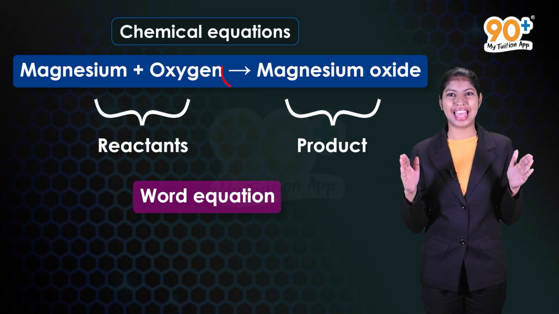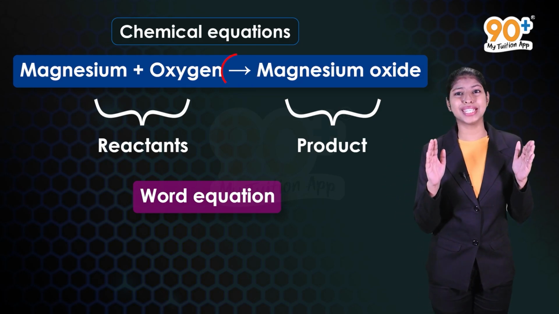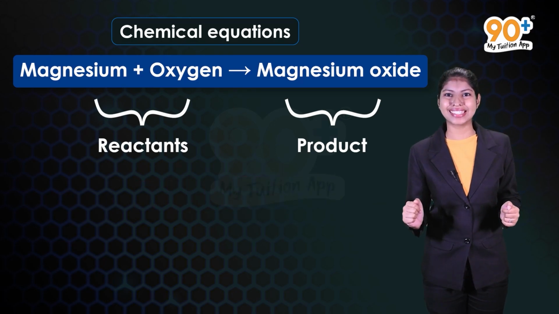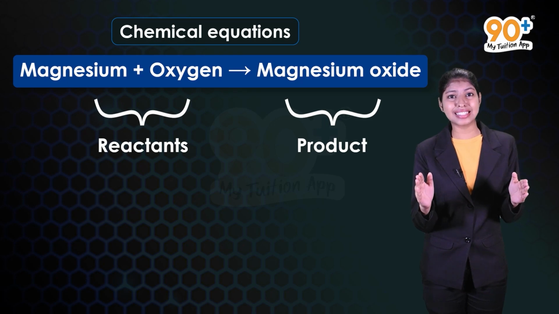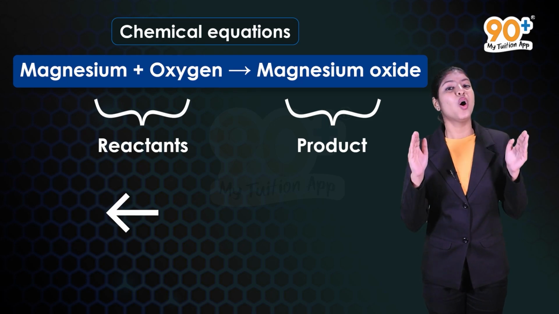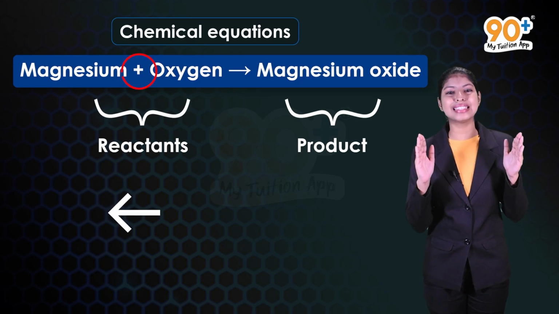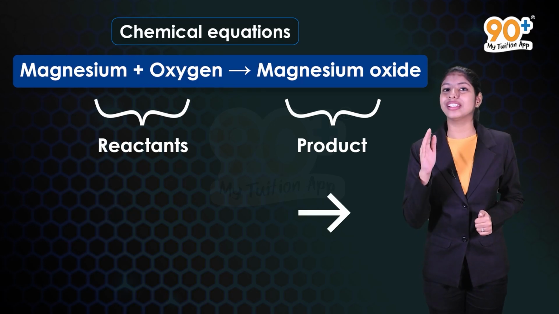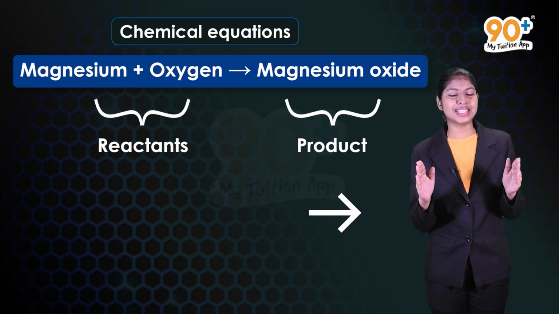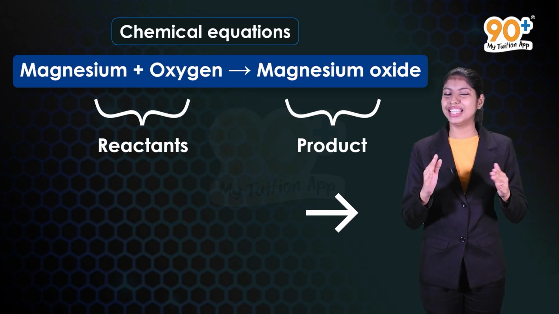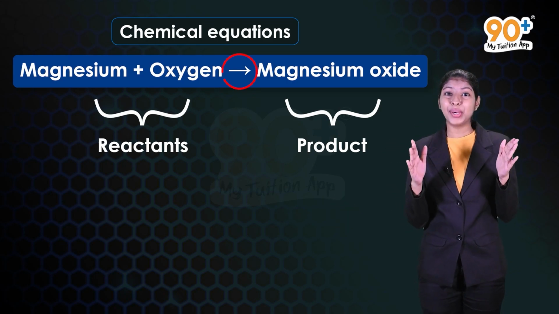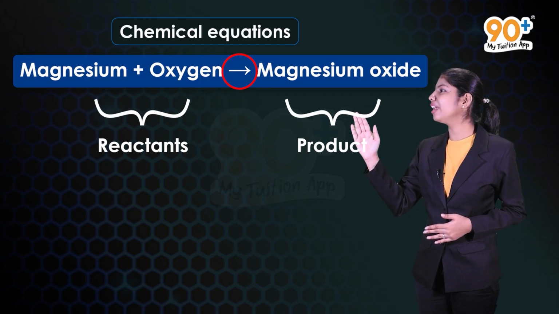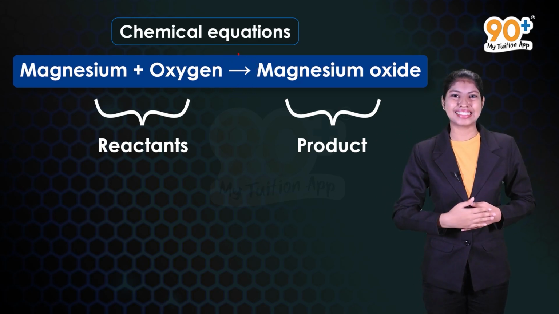Through the use of an arrow, a word equation depicts the transformation of reactants into products, and the reactants are written on the left hand side with a plus sign between them. Similarly, the products are written on the right hand side with a plus sign between them. The arrowhead indicates the reaction's direction by pointing towards the products.